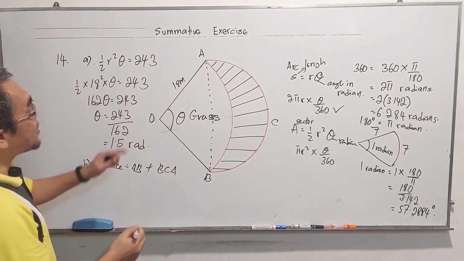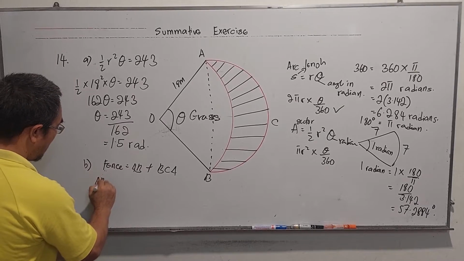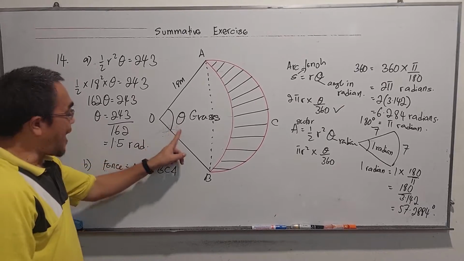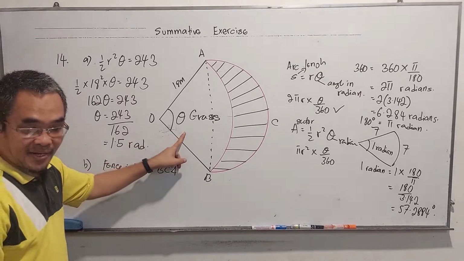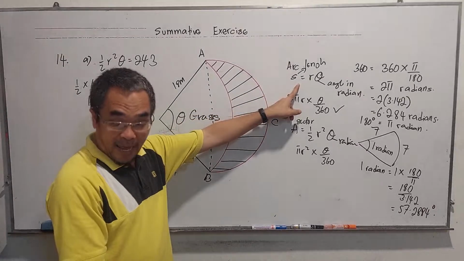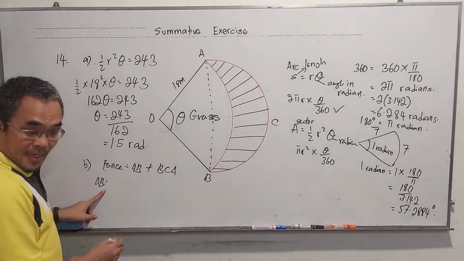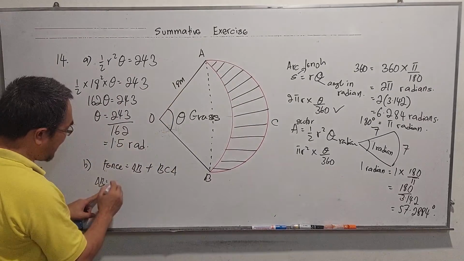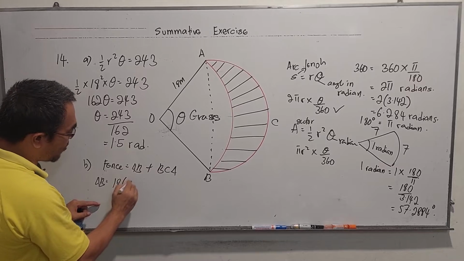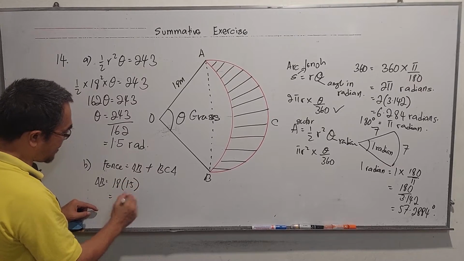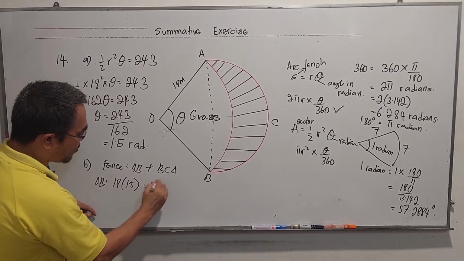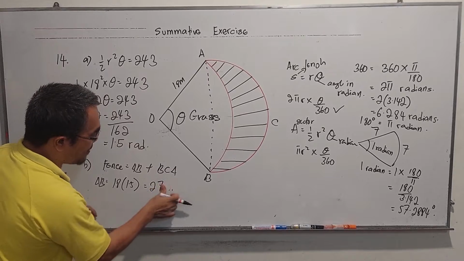How to calculate AB? Because we know the angle is 1.5 rad now, we could use arc length S equal to R theta. The AB is S, R is 18, and theta is 1.5, so you get 27 meter.